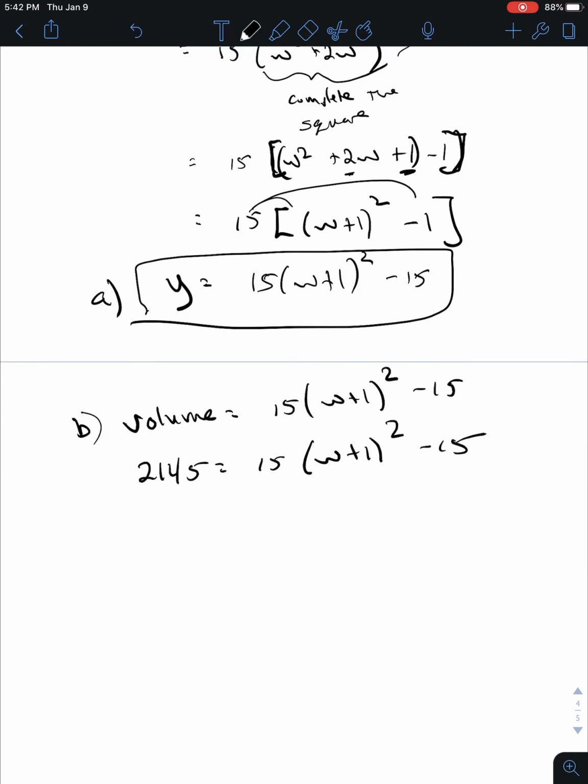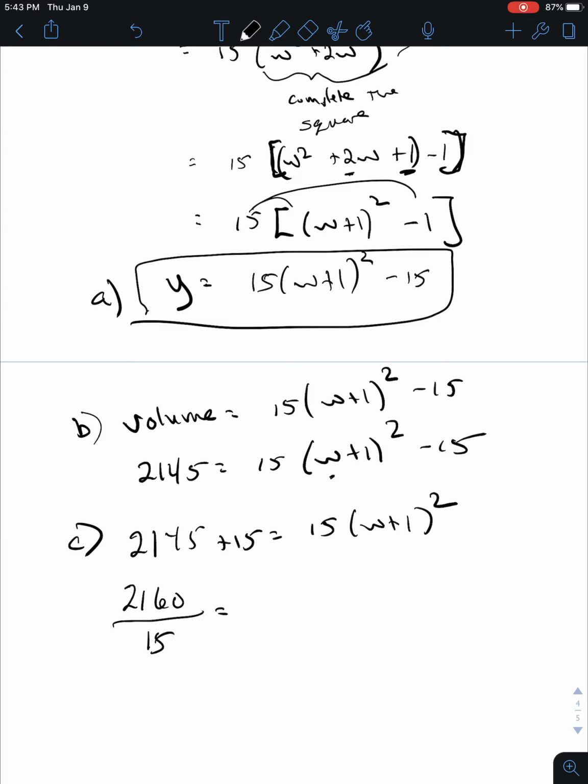Well, I have an equation down here that has W in it. So why don't I do 2145 plus 15 is equal to 15 times (W plus 1) squared. This is question C, right? So 2145 plus 15 is going to be what? 2145 plus 15 is 2160.